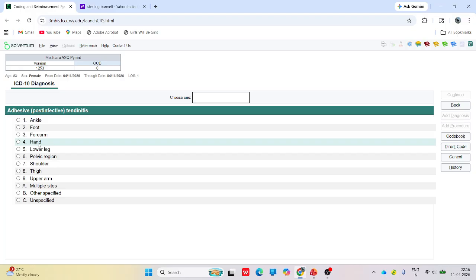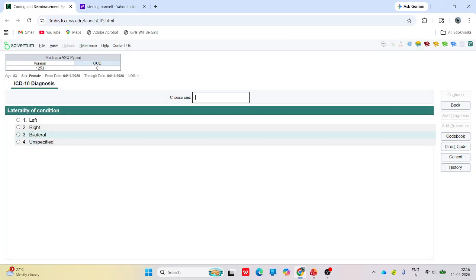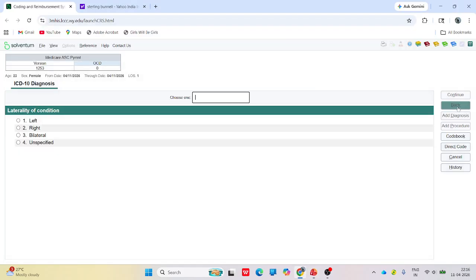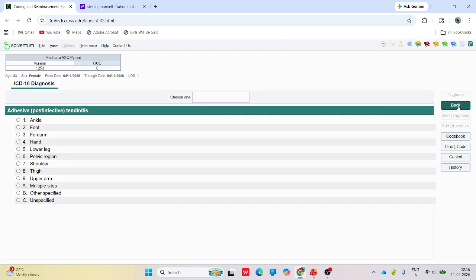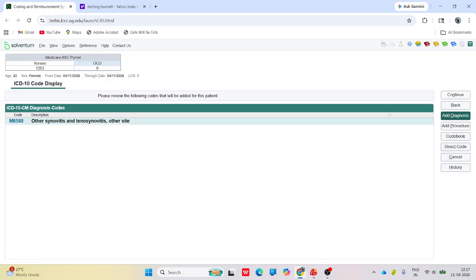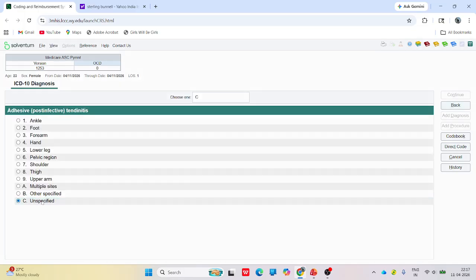Forearm, hand region, we can take the right side. M65841. So it's a wrong swing. Why? Forearm, foot, ankle, thigh, upper arm, other specified and unspecified.